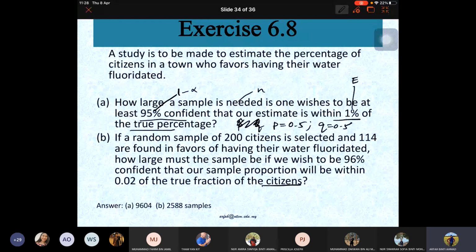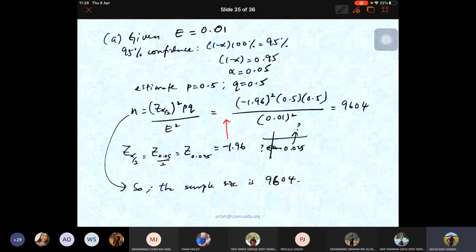So dia buat pilot study, dia ambil N sama dengan 200, okay? And 114 were favor to have their water fluoridated. So daripada sini awak terus boleh kira dia punya proportion, okay?